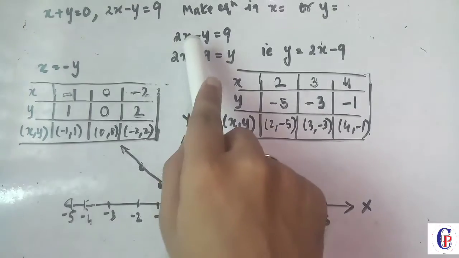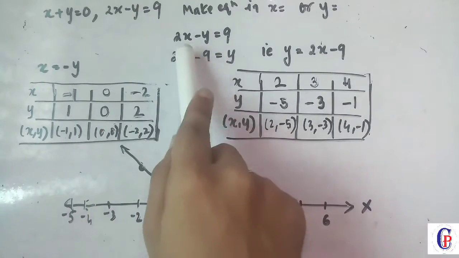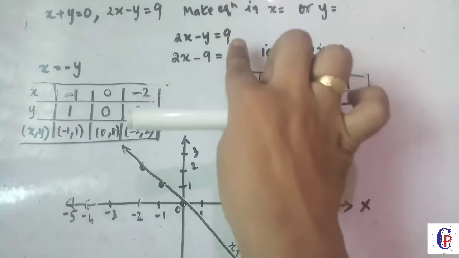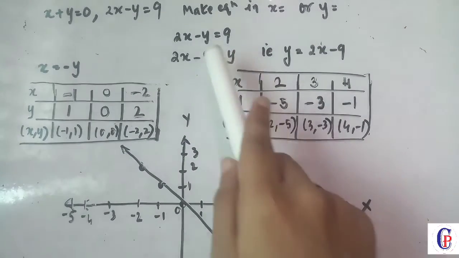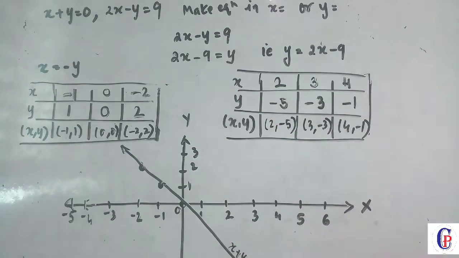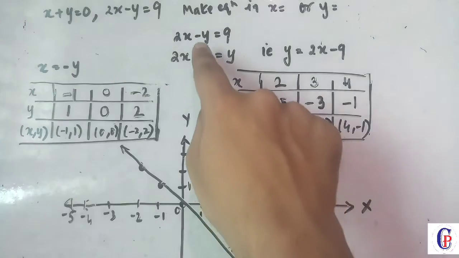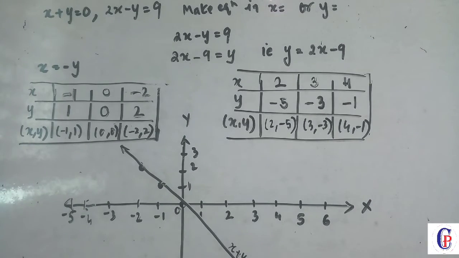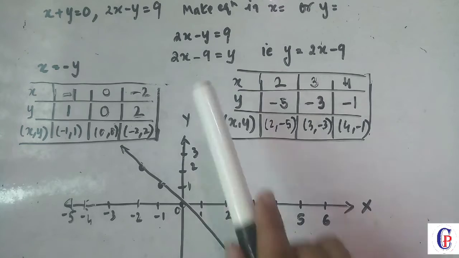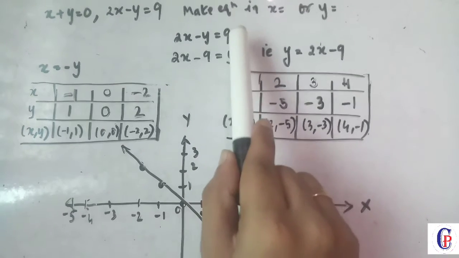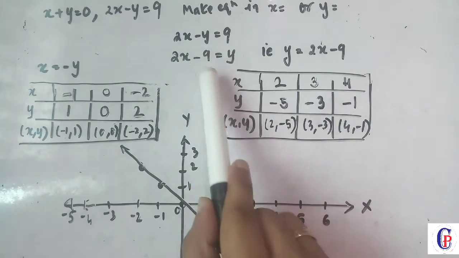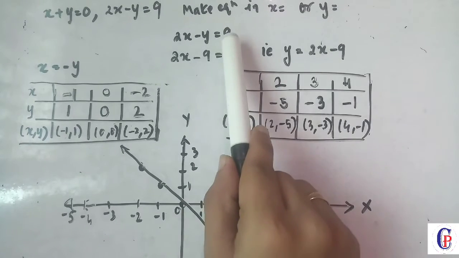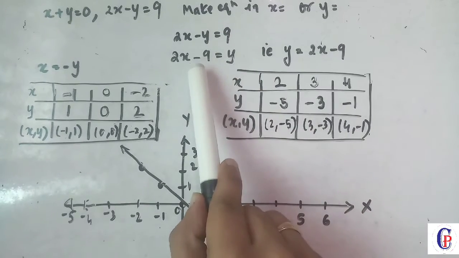Now this was the second equation, 2x minus y is equal to 9. So we will write this equation as y equal to. You can make this y equal to by shifting this minus y to the right side. When you shift this minus y to the right side and this 9 to the left side, minus y will become plus y, plus 9 will become minus 9.